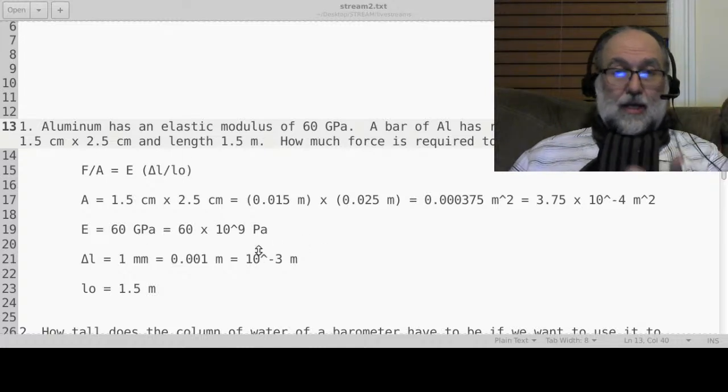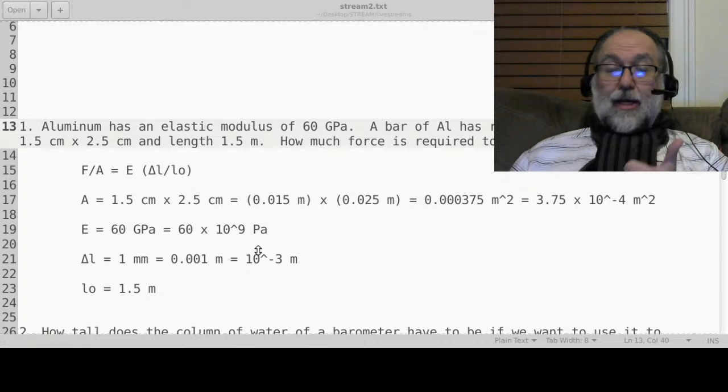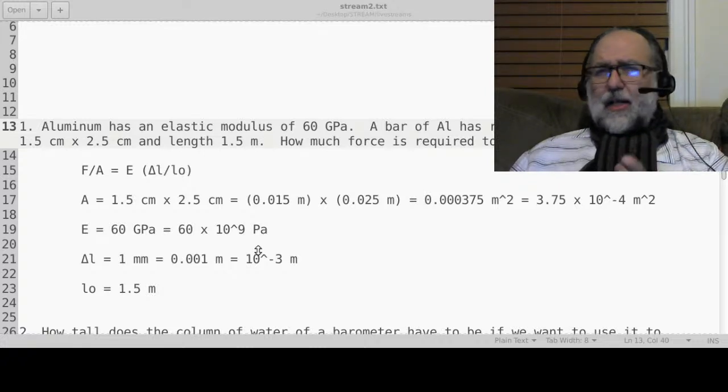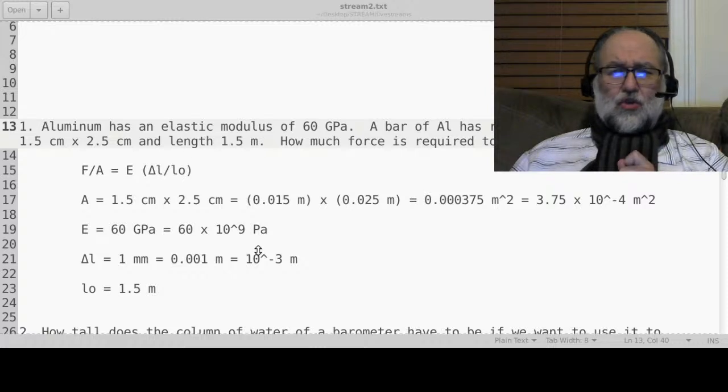Remember kilo, you've seen that a lot. Kilo is 1,000, 10 to the 3. Mega, you haven't seen that as much, but it'll show up in this course more often than it did last semester. Mega is a million, 10 to the 6. And giga is billion, 10 to the 9. So 60 gigapascals is 60 times 10 to the 9 pascals.